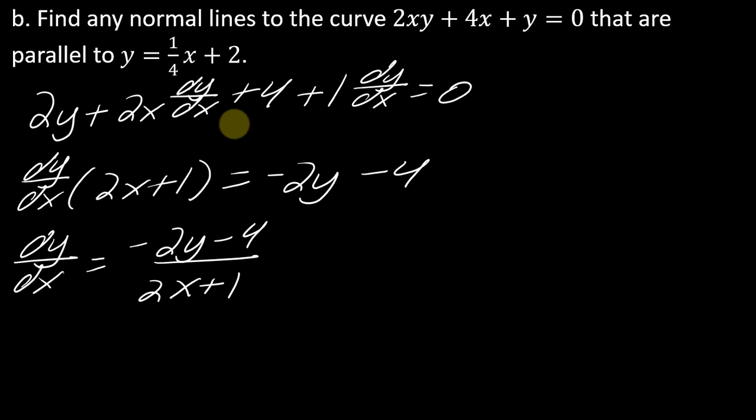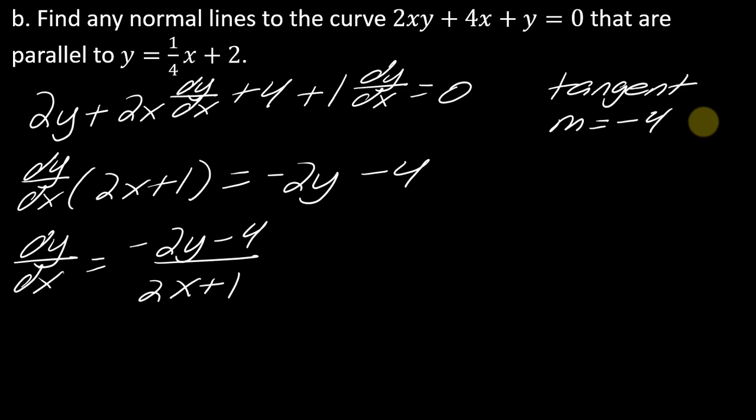And this is the equation for the slope of a tangent, right? And this is my normal slope. So I actually need to figure out what would be the tangent line in this situation. So if my normal line is going to be parallel to this, which means that my normal line has to have a slope of 1/4 to be parallel, then my tangent line is going to have a slope equal to -4 because that's the opposite reciprocal.